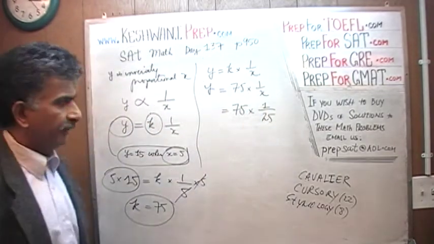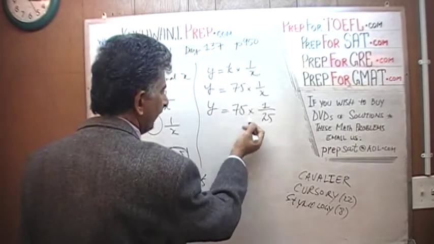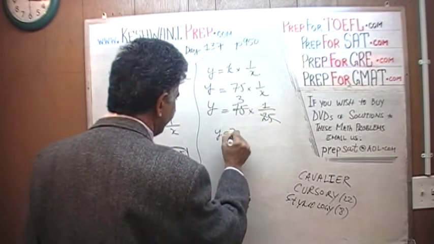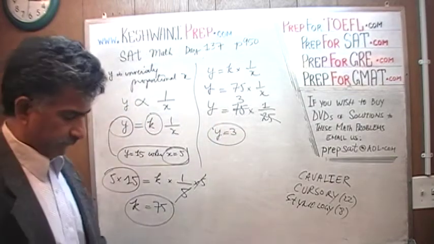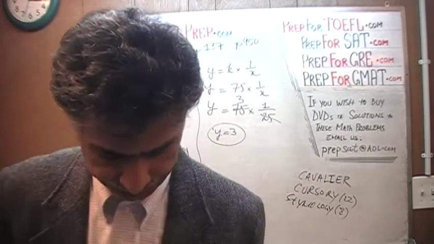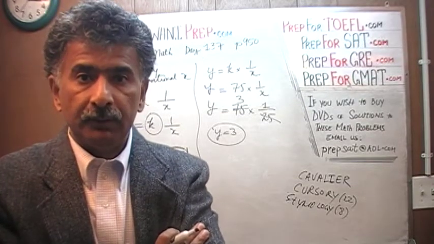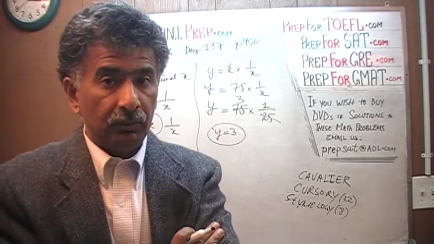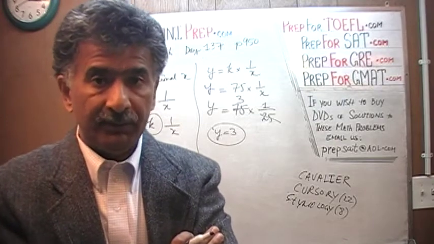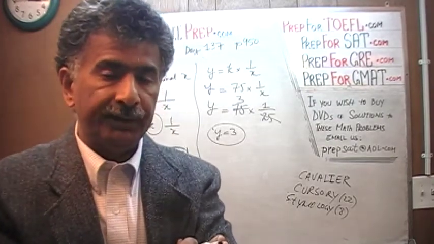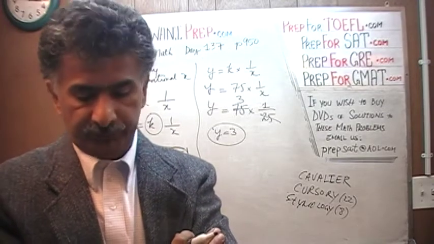When x equals 25, y is going to be 75 times 1 over 25, therefore y is equal to 3. That is how we do it. And that's about it. But there is no easy way out of it, which is why it's a hard question. We have to know how to calculate the proportionality constant.